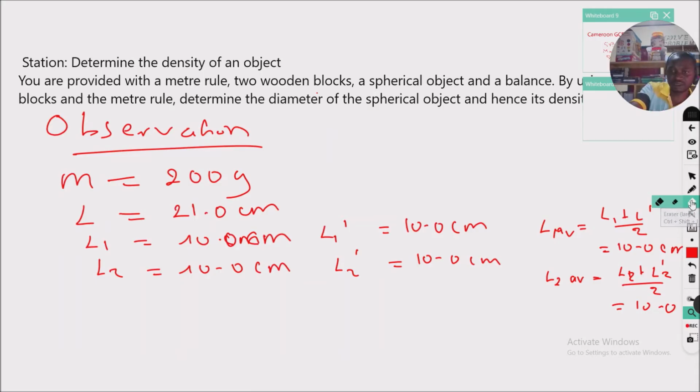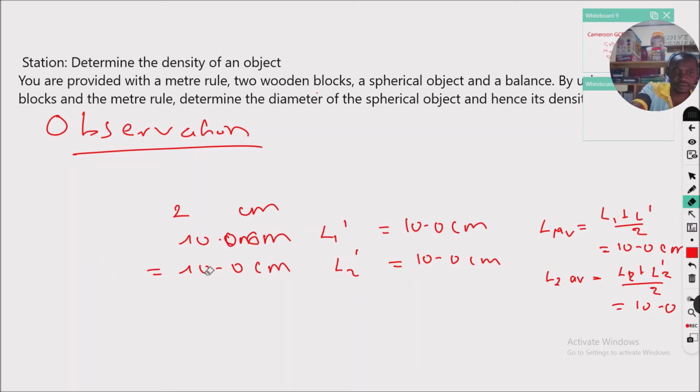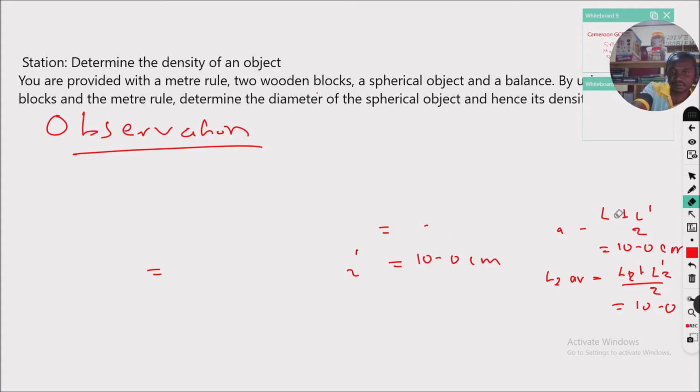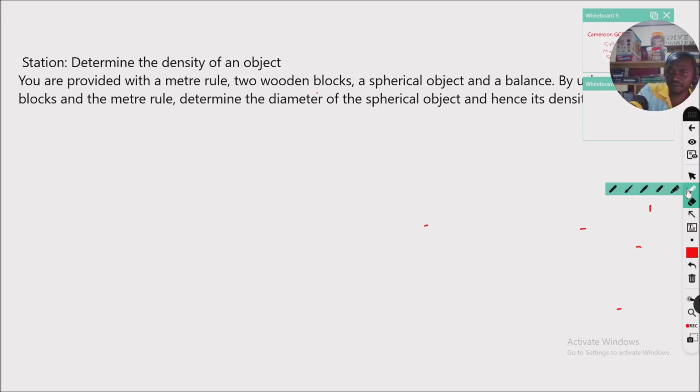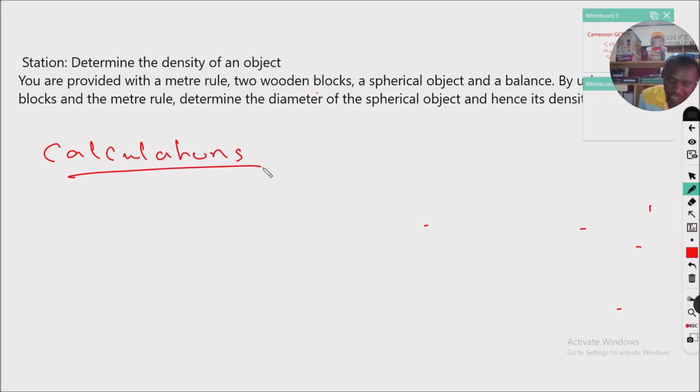Okay, now let's go to calculations. So we have calculations.